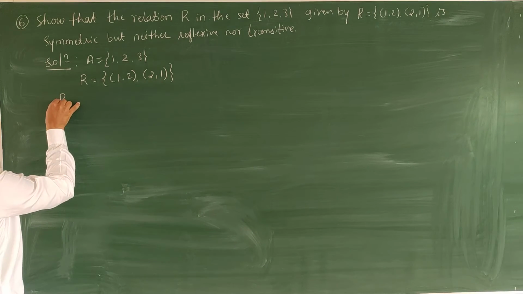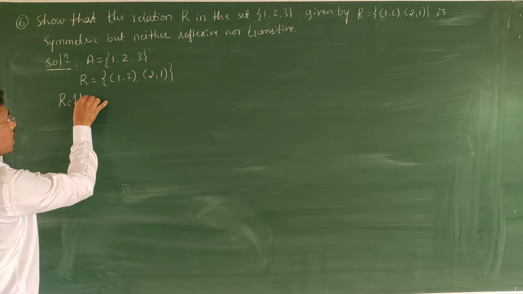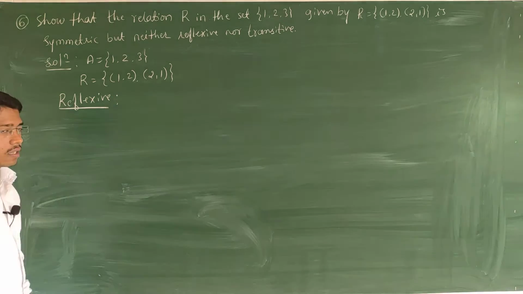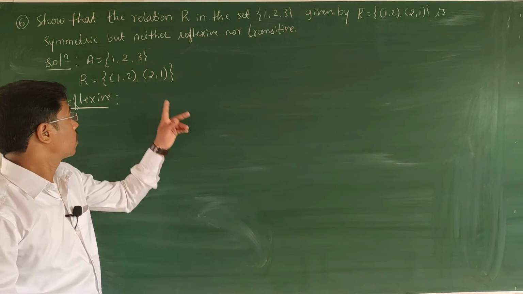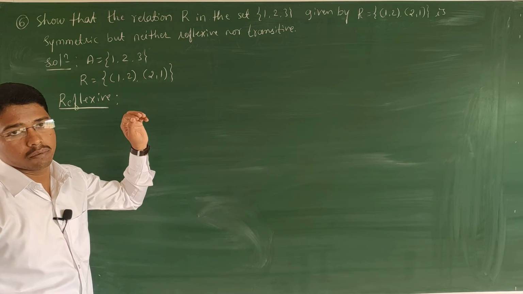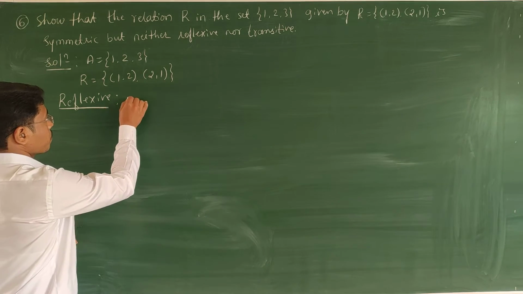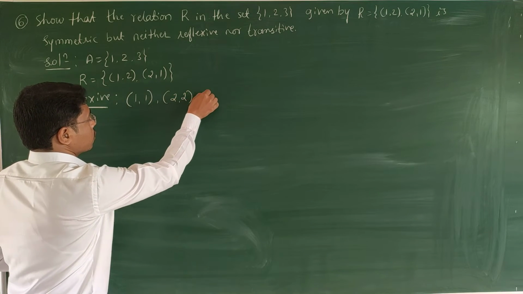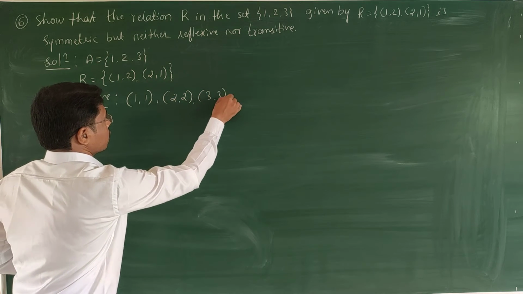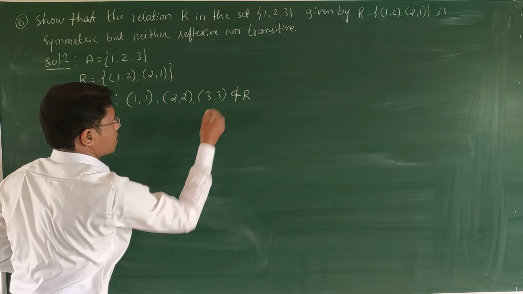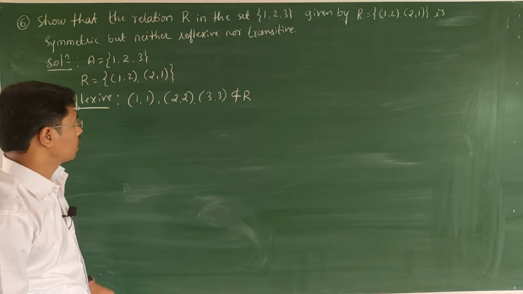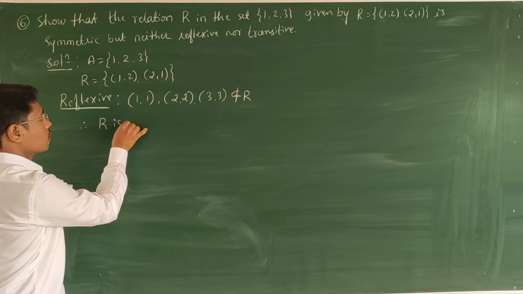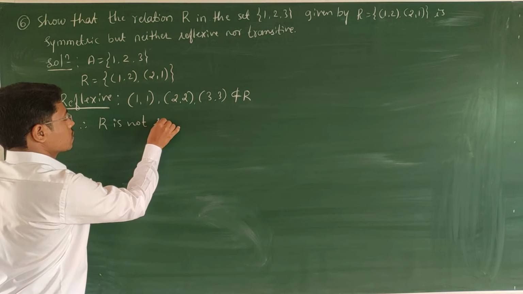Okay, for it to be reflexive, what should we have? (1, 1), (2, 2), (3, 3) should belong to R. But (1, 1), (2, 2), (3, 3) don't belong to R. Therefore R is not reflexive.